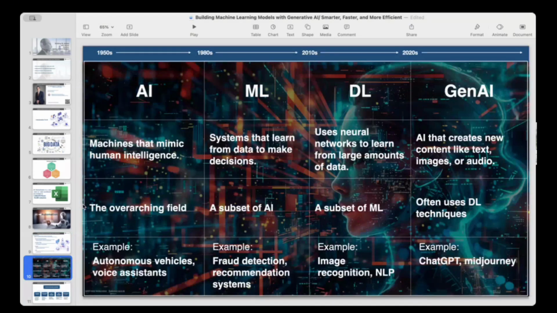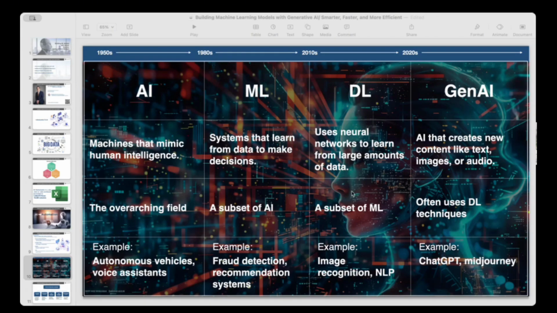Now, AI with big data and the other technologies under AI. So machine learning is considered a subset of artificial intelligence.